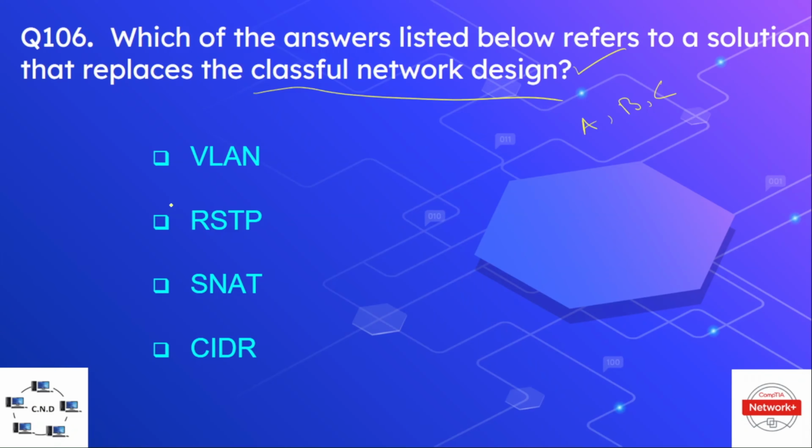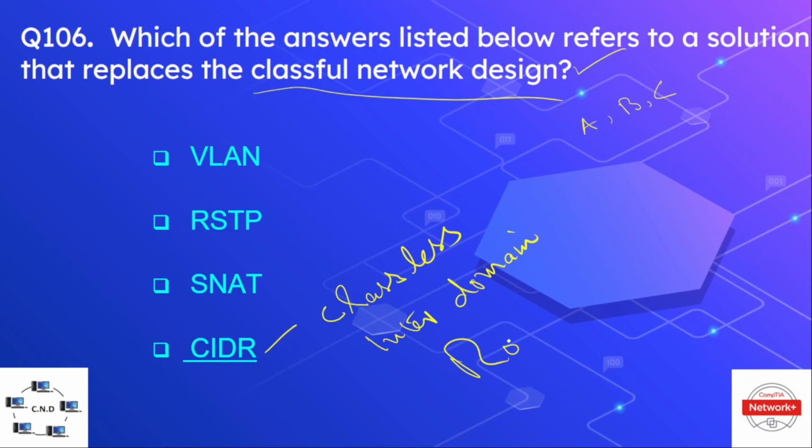So the options are VLAN, RSTP, SNET, or CIDR, and the correct option is CIDR, and this stands for classless inter-domain routing. So this is the opposite of the classful network design.